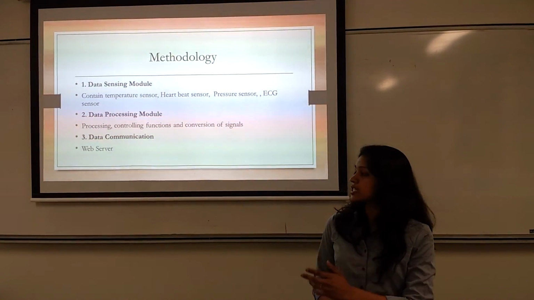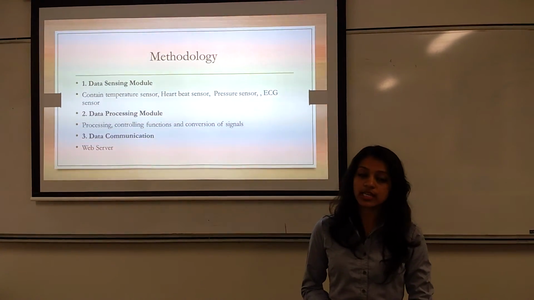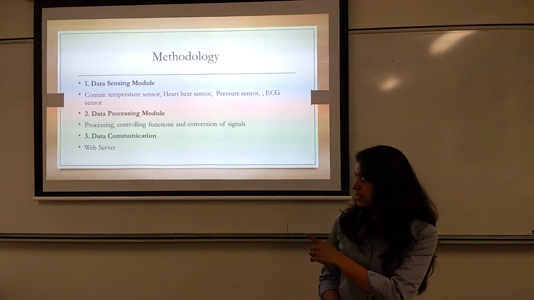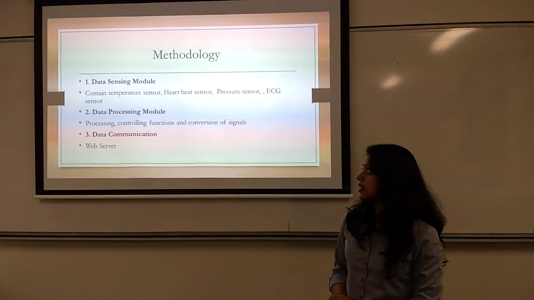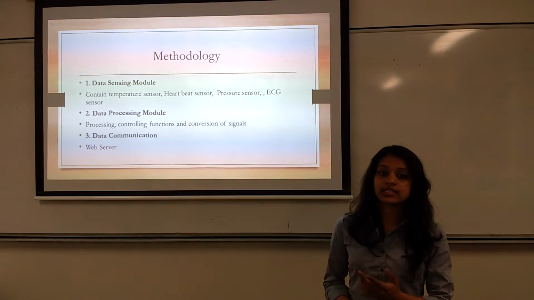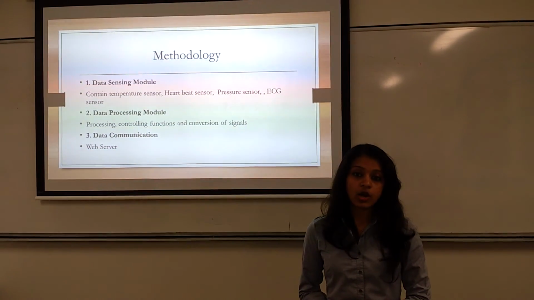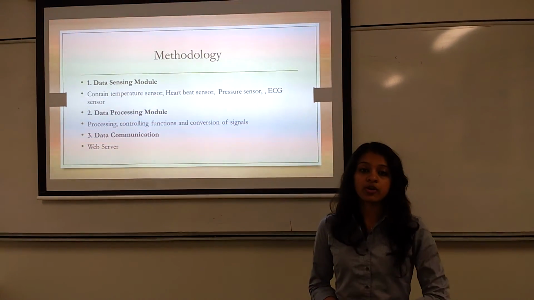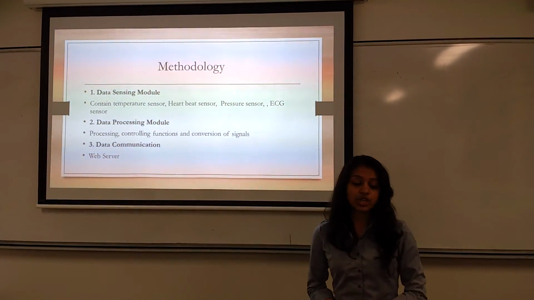In the case of data processing module, the processing, controlling and conversion of signal takes place in that module. The third one, data communication, the data is sent to the web server of the medical center and it gets saved. It can be used for future measurements.